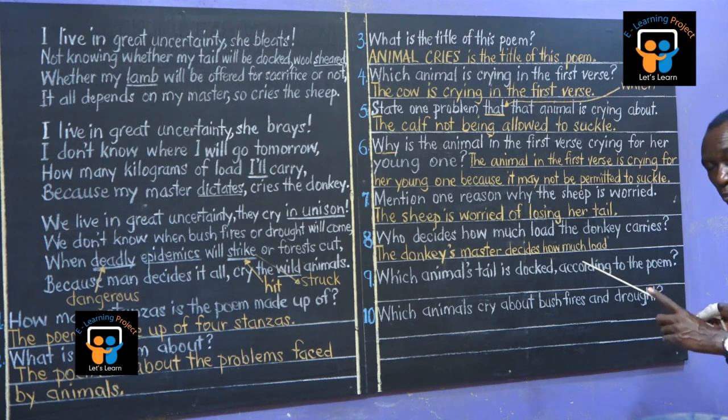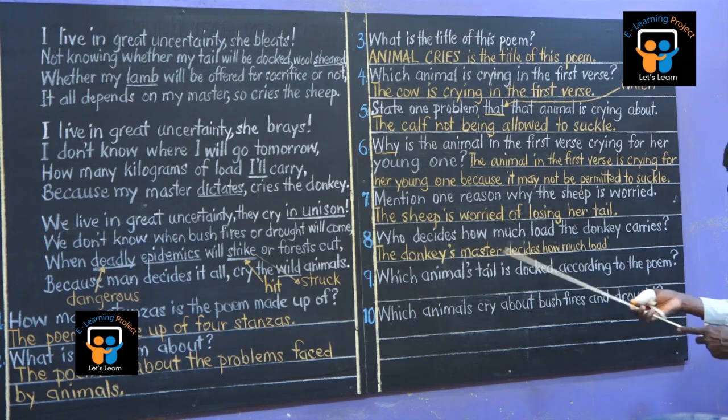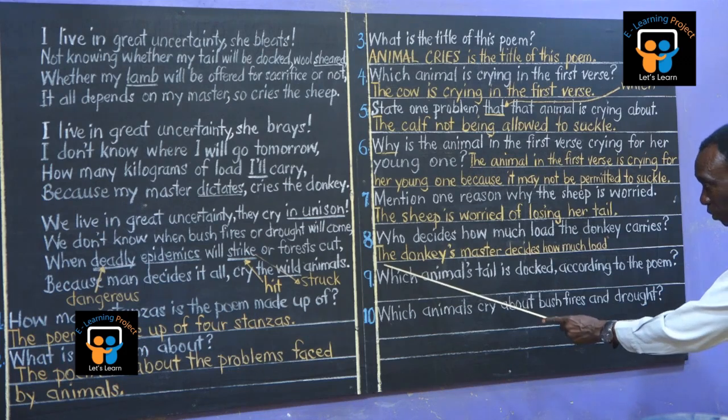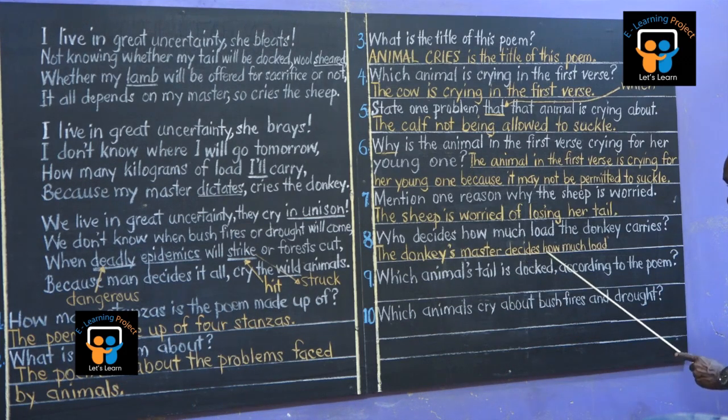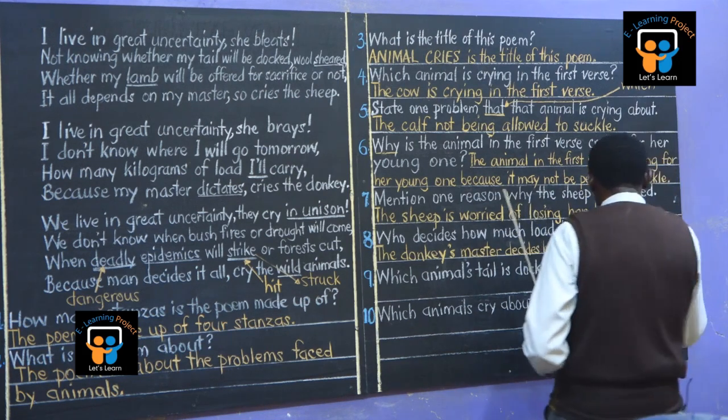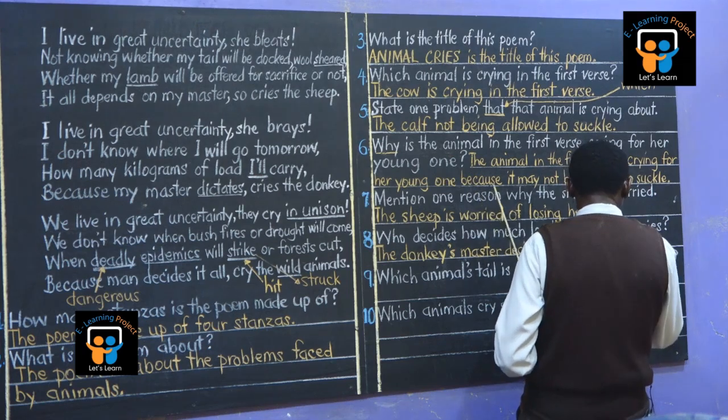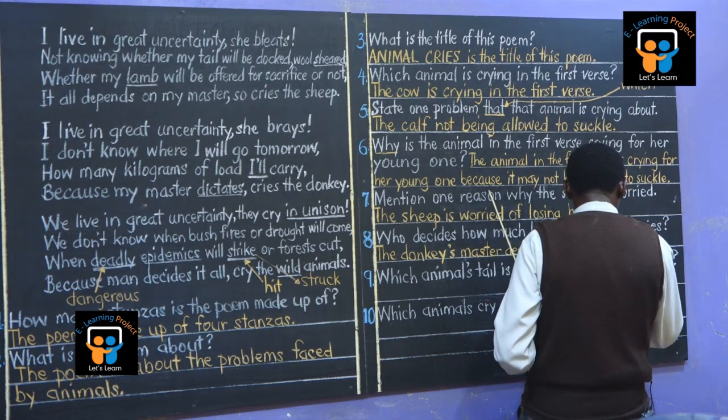Which pronoun can we use instead of the donkey? Because we have mentioned the donkey as the noun. The donkey's master decides how much load it, thank you, Juma, it carries, the donkey carries. It carries.